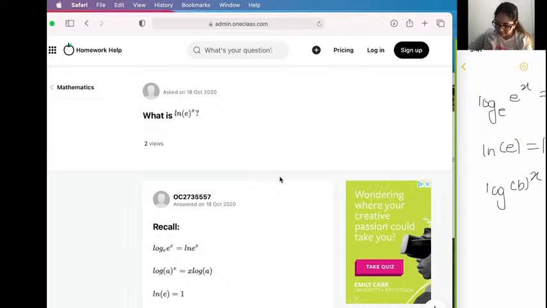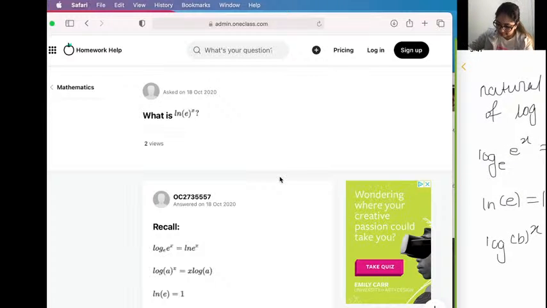So using this property, we can bring the x of e to the x down if we ln both sides.